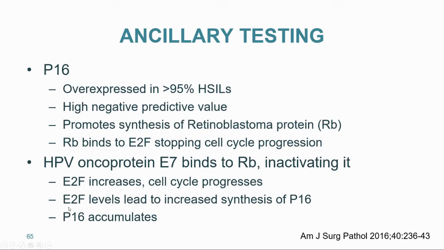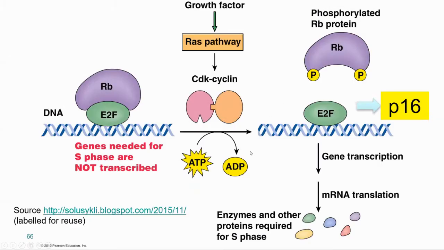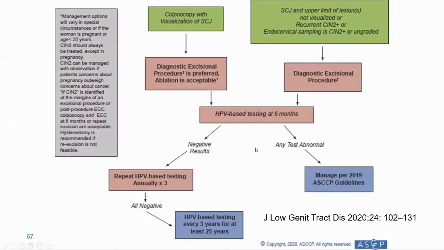The increased E2F levels are also going to lead to increased synthesis of P16, which is going to try to counteract that active cell cycle progression. And that's why we see P16 accumulation in both the nuclei and the cytoplasm in cases infected by high-risk HPV.